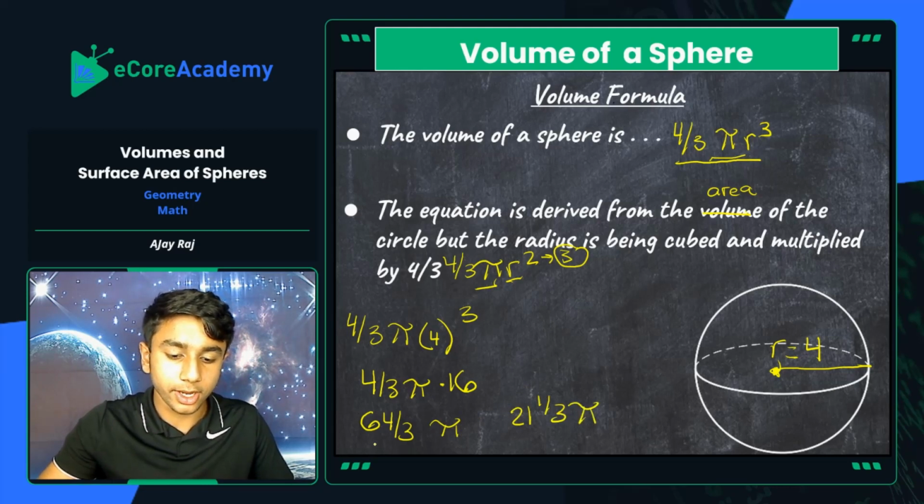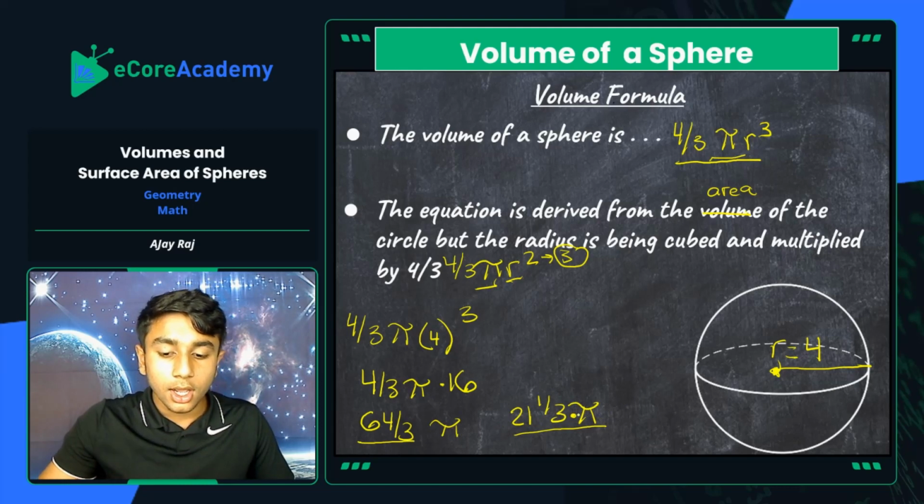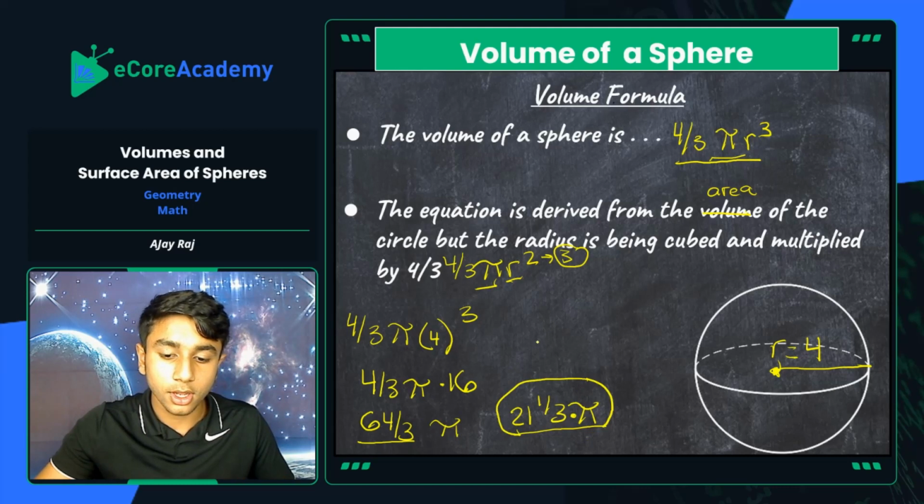I like to leave it as a common fraction. However, you can leave it as a mixed number, though not very common because you're leaving this pi value alone. But for the next problem, I'm going to show you what if we had an approximation of 3.14. So we're just going to leave this in terms of pi. This is our answer here, both of our answers here.